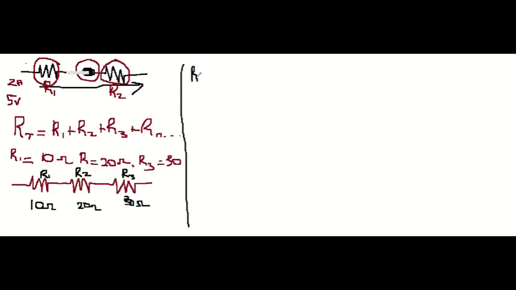So we write the formula. So RT is equal to R1, which is 10, plus R2, which is 20, and R3, which is 30 ohms. Now RT is equal to, so 10 plus 20 equals 30, plus 30 will give us 60 ohms.